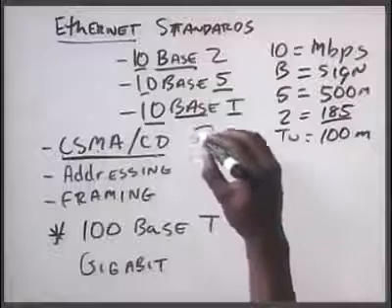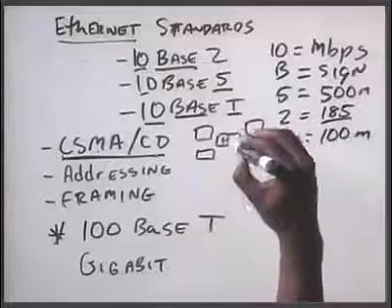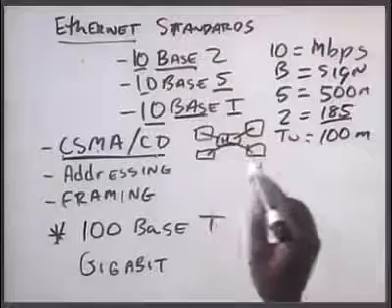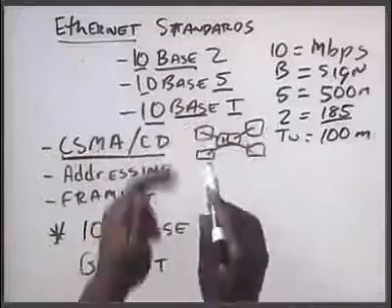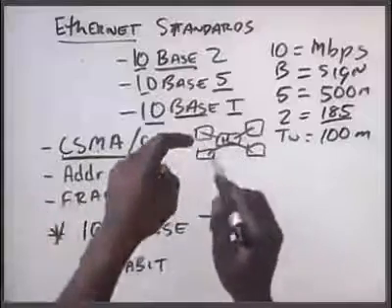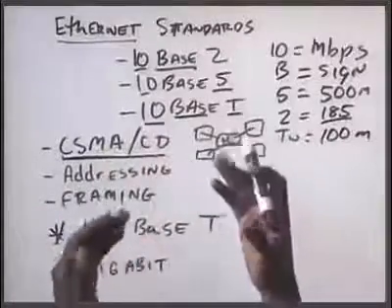This is where you've got multiple devices attached to this hub, and only one device can communicate at any given time. If more than one of these PCs attempt to communicate at the same time, there would be what's called a collision. A collision occurs when you've got two of these devices trying to transmit at the same time.